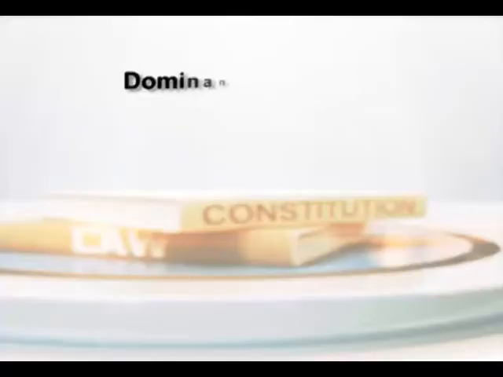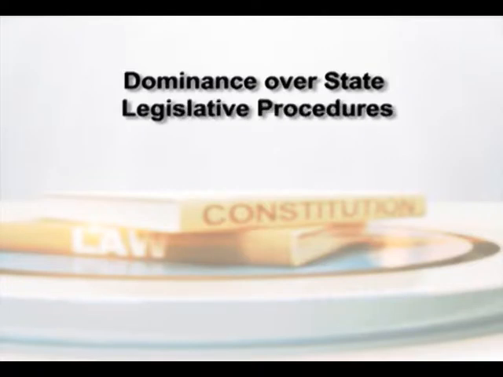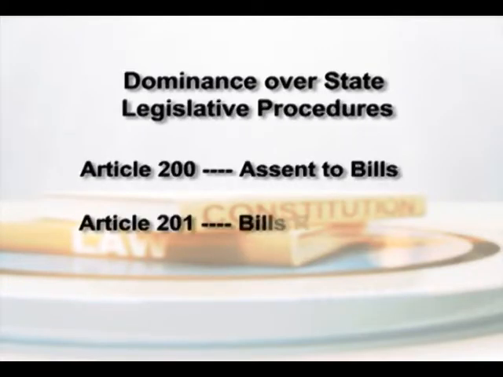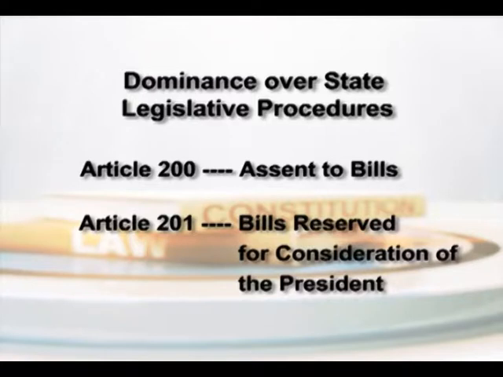But so far as ordinary bills are concerned, governor may give his assent or may withhold his assent. Say a bill is to be enacted which seems to the governor that it may be derogatory to the power of the High Court. He may reserve it. The bill may be reserved by the governor for consideration of the President, Article 201.